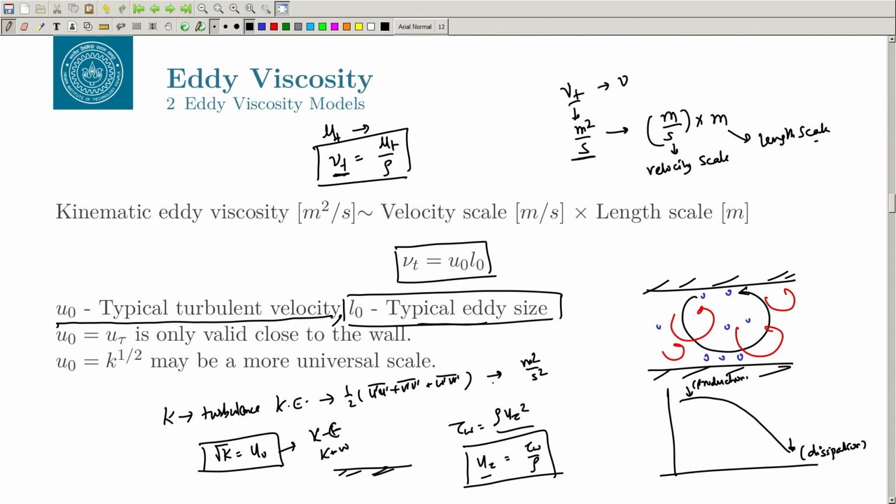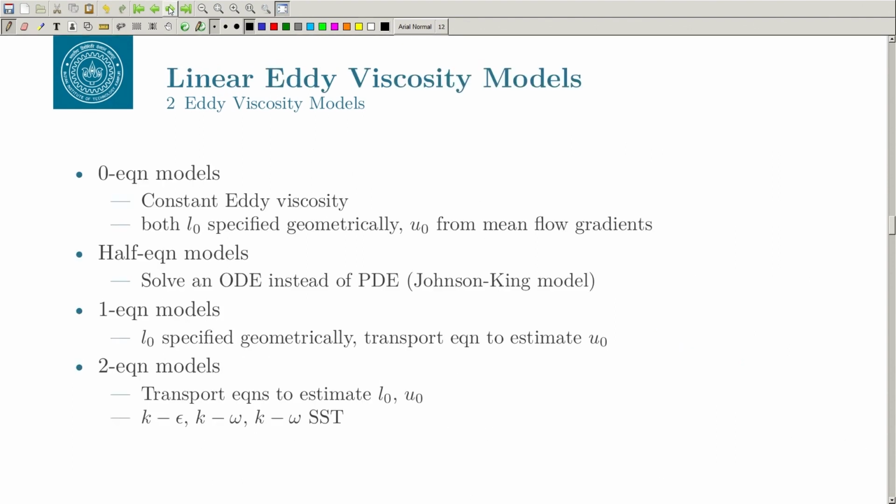Before going to those advanced models, let us look at what kind of models we have seen in CFD, from the very early days of development of RANS, where we started with very empirical formulations, basically no equation for the turbulence kinetic energy or the length scale, but some empirical relation. The first is that people have tried constant eddy viscosity.